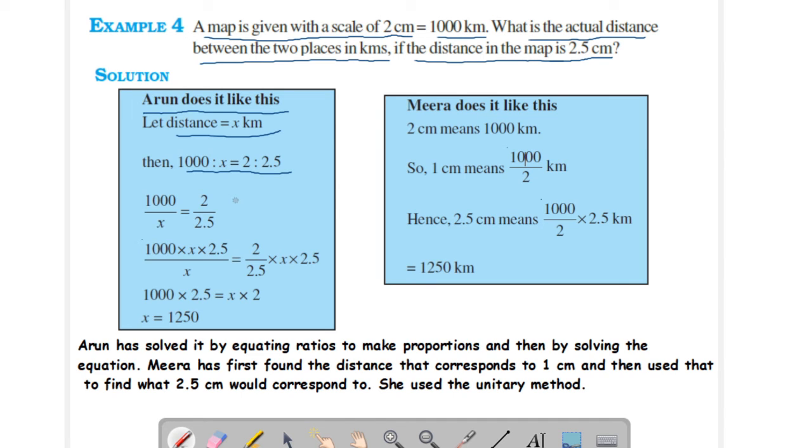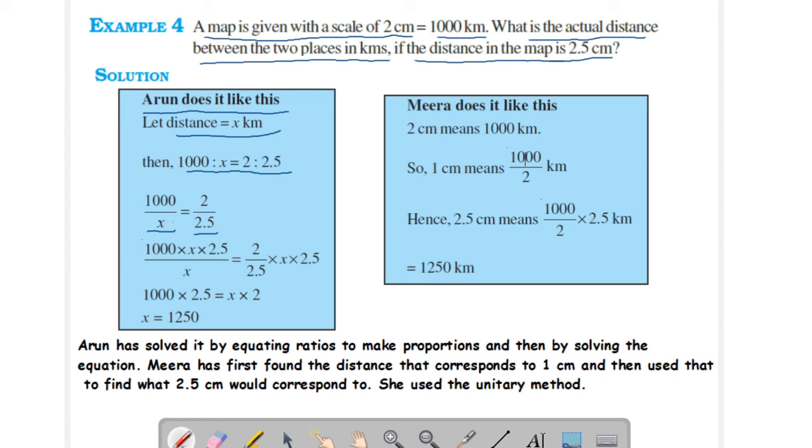So first of all, convert the decimal in fraction form. 1000 ratio x can be written as 1000 upon x, and 2 ratio 2.5 can be written as 2 upon 2.5. Here we have to remove these denominators. If we want to remove the denominators, simply cross multiply.